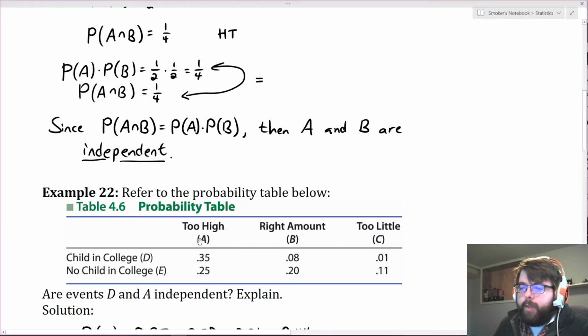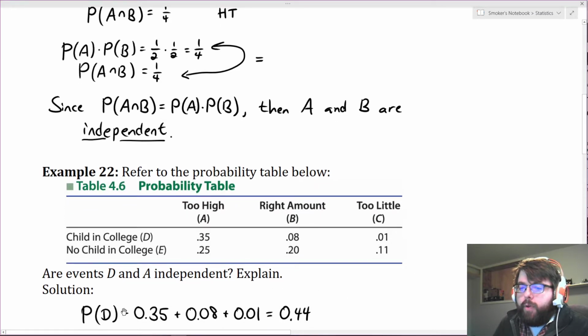So the question is, are events D and A independent? D is the percent of people who have children in college out of the people surveyed. A is the percentage of people who thought tuition was too high. So the probability of D would be the sum of 35 plus 8 plus 1.